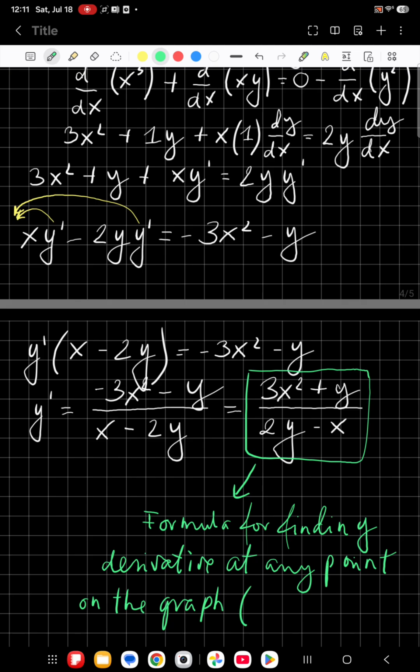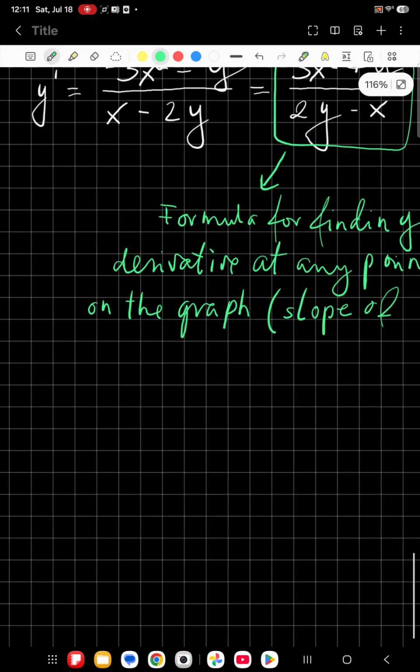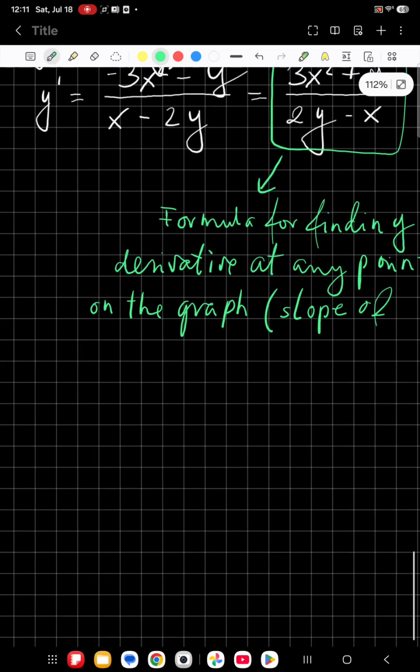And that's the same as slope, the slope of the tangent line, the slope of the line that's tangent to a graph, that we could find at any point.